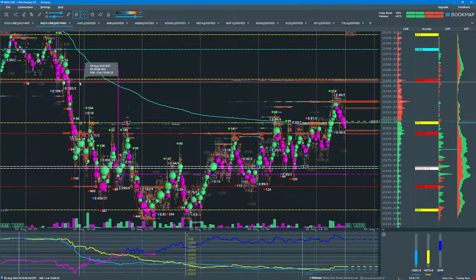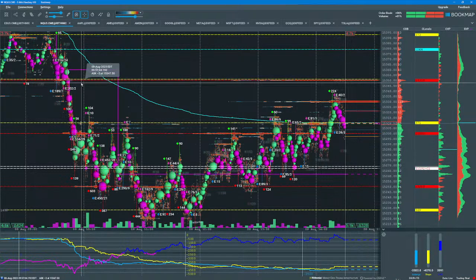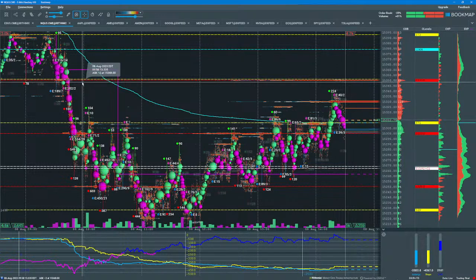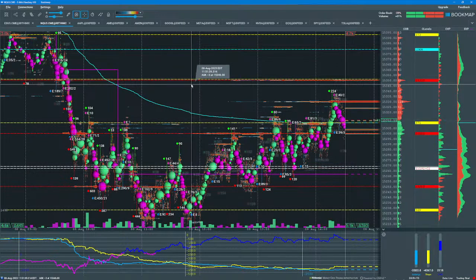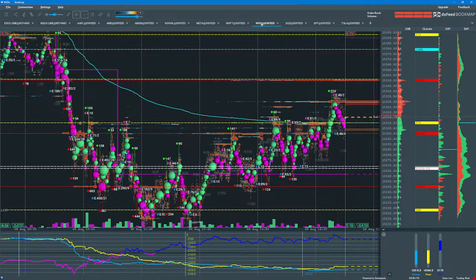Remember, the S&P 500 has made it back up to around the opening print and the cash open, and NASDAQ so far has not done that. All right, let's take a look. I've got a minute or two left. Does anyone have any stocks they want me to take a look at before I wrap it up here? Let's take a look at NVIDIA, see what it's doing.